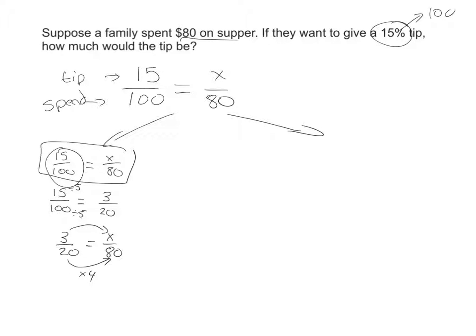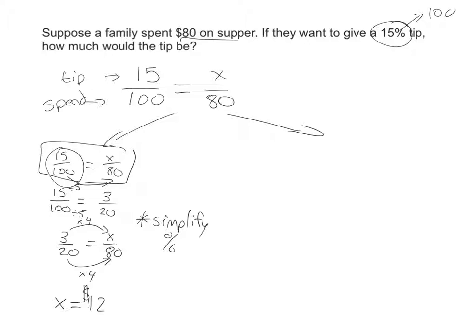On the top side, I need to multiply by the same number. 3 times 4 is 12. So our tip is going to be $12. That's one way. What was that method? First, simplify the percent if possible, and that might make it easier, because 100 times what number gives me 80 is not really clear.